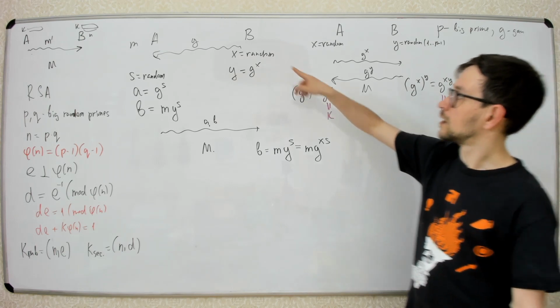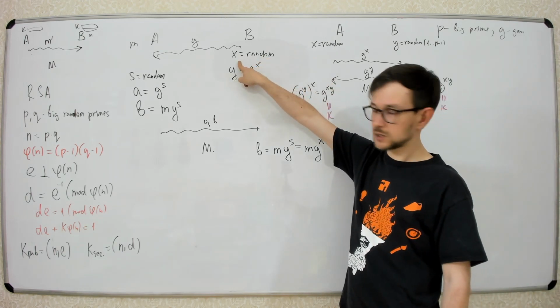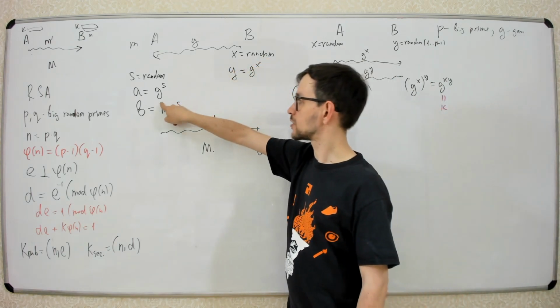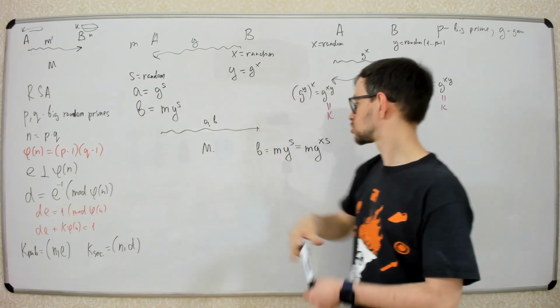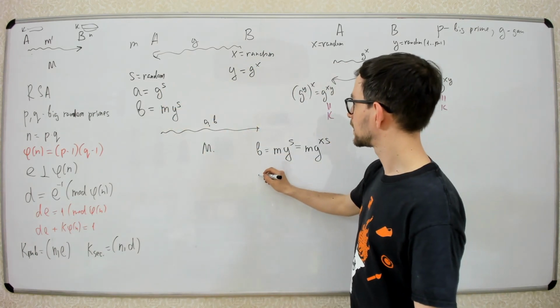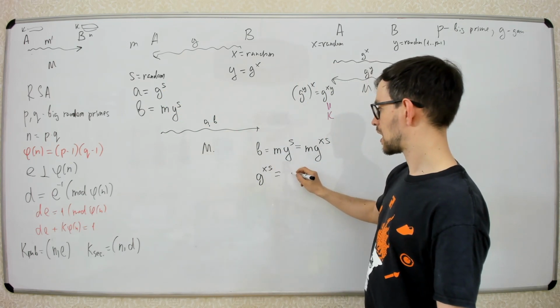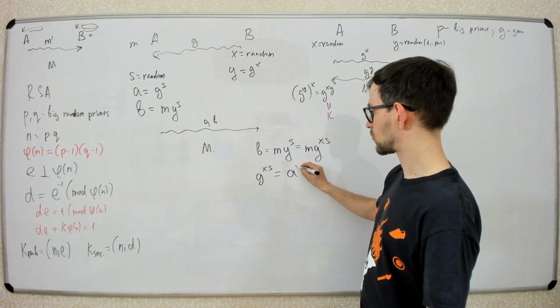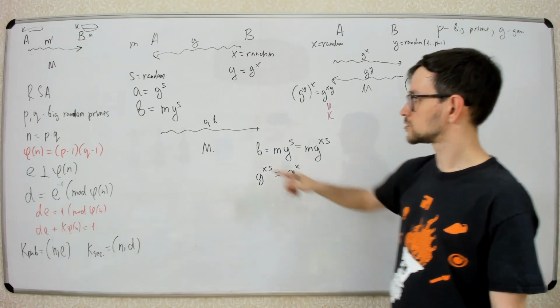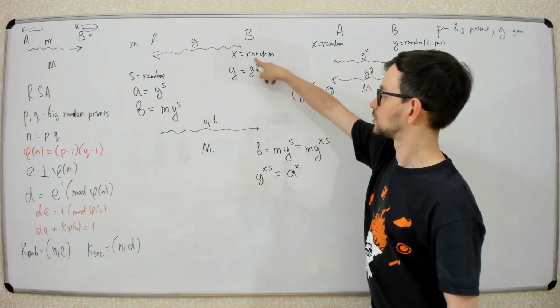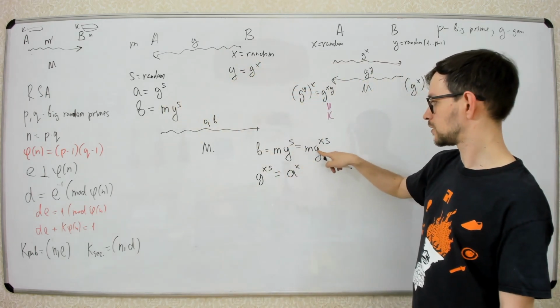Now, Bob knows number X and he knows number G in power of S. So he can calculate G in power of XS as A in power of X. A is G in power of S, I put it in power of X, and I get G in power of XS.